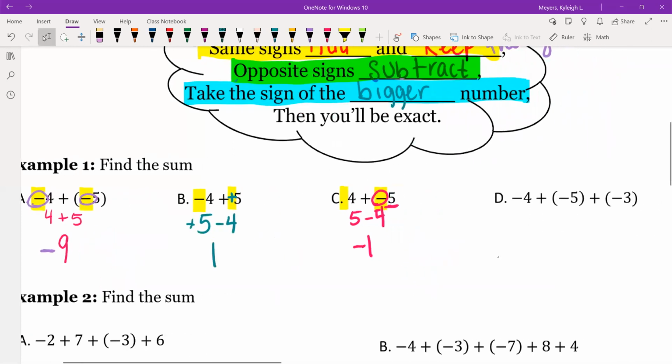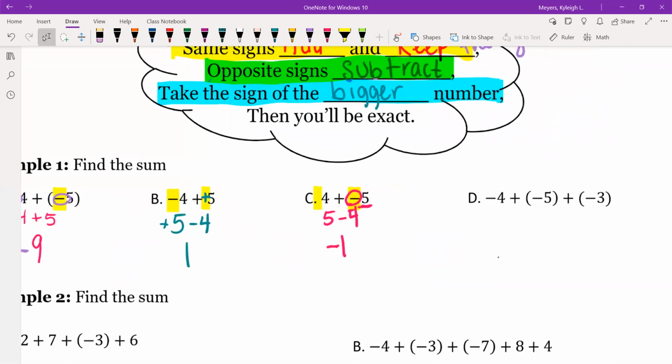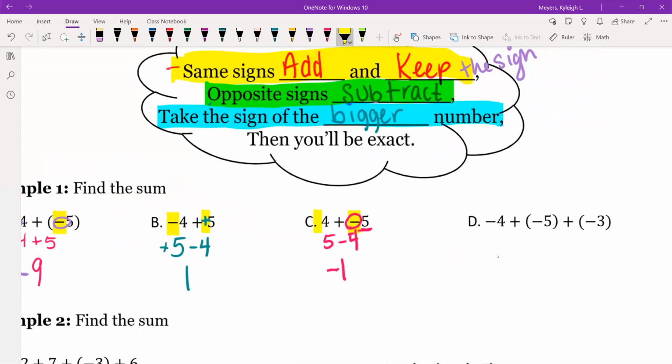Letter D has a couple things happening. So we're going to look at it just in chunks. So we're going to look at these numbers first. Okay? So this is a -4 plus a -5. They're same signs, add and keep. So that means we add the 4 and the 5, and that gives us 9, and we keep the sign of the negative. And then I'm going to bring down this plus -3.